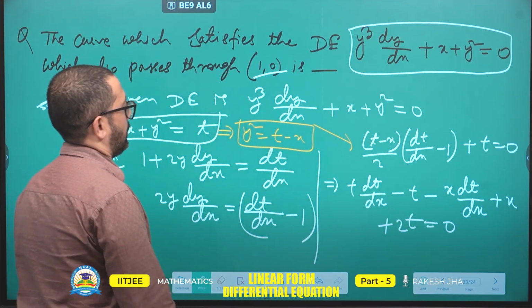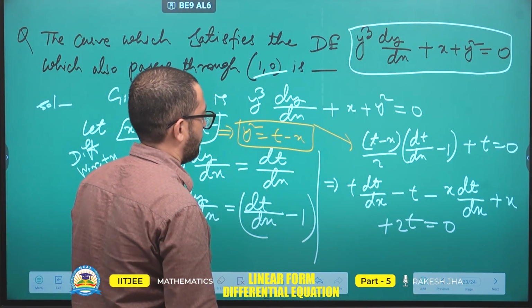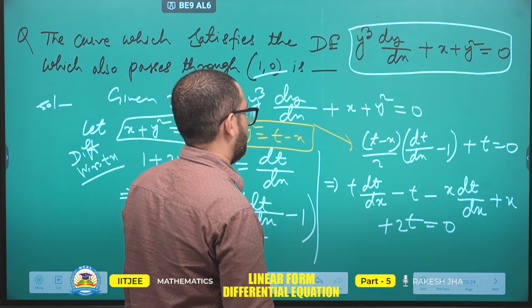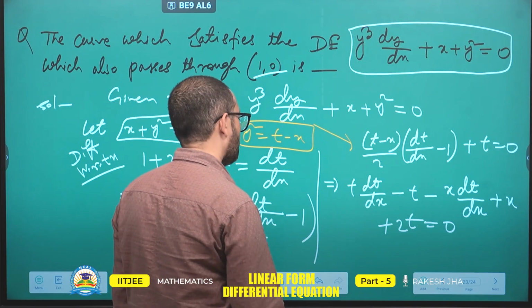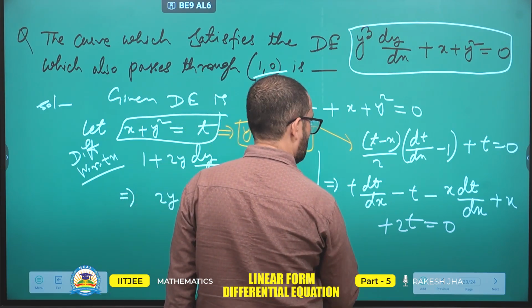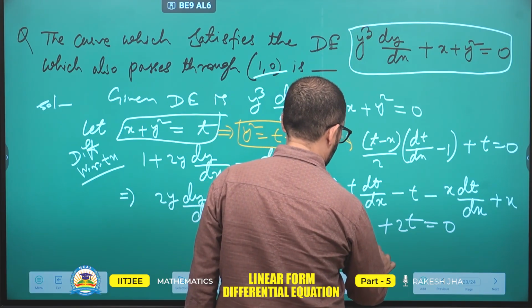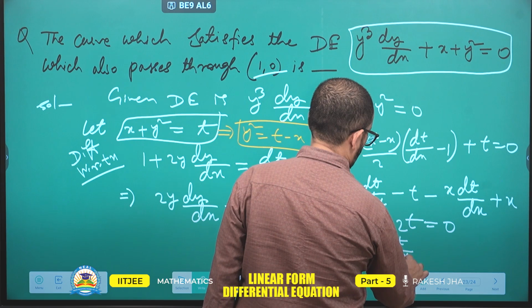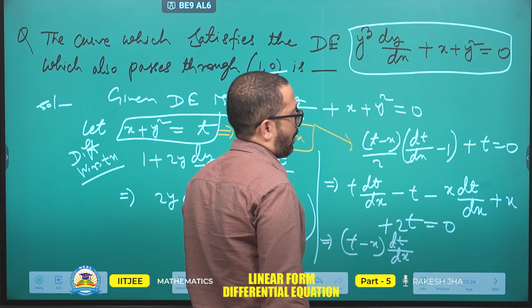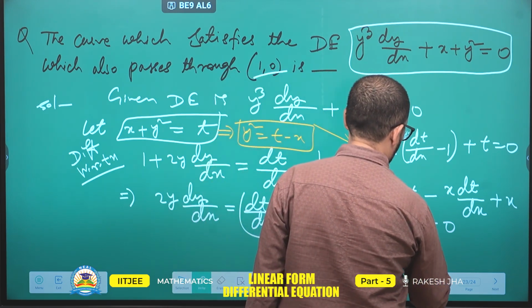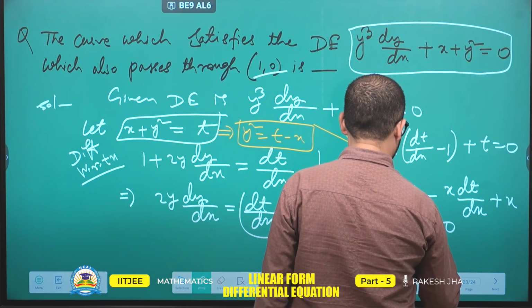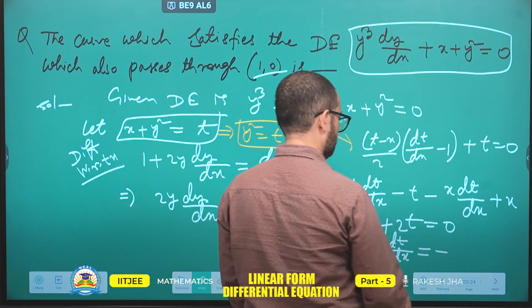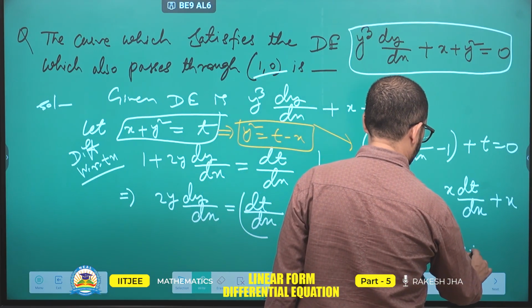Now if dt upon dx is taken common, it is t minus x times dt upon dx is equal to negative of x plus t.